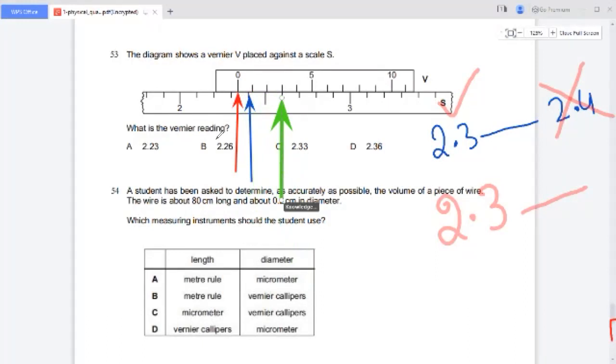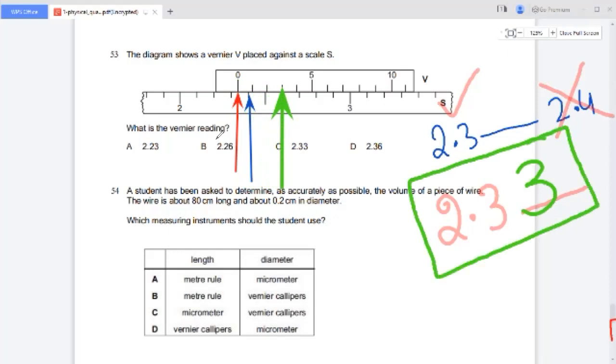Let's count the number of it. So 0, this one is 1, 2, 3. So this is our reading for this scale. Our correct option is C.